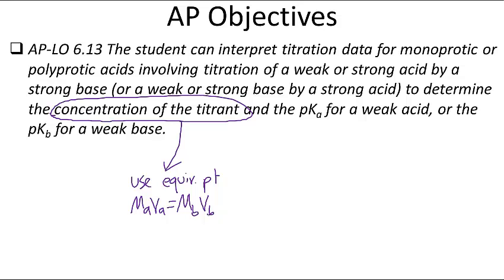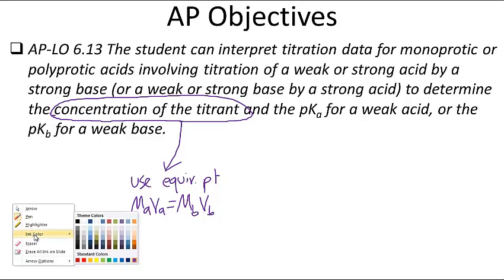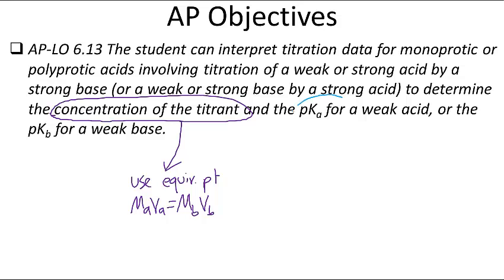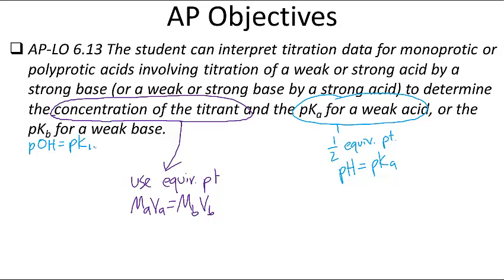And to determine the pKa, where do we go? To the half equivalence point. pH equals pKa, or pOH equals pKb. So that was the point of today.